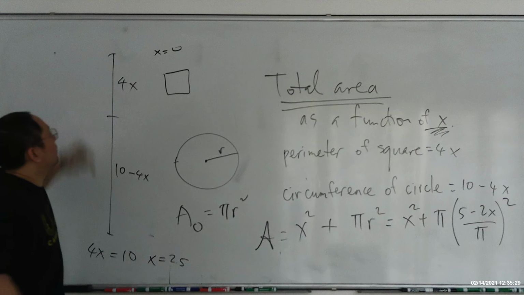I type graph x squared plus pi times parenthesis 5 minus 2x over pi close parenthesis raised to the power of 2, and you hit enter. Then the internet is going to give you a graph. I think I tried it already in Google. You have a graph, and then you can find the maximum or minimum points on the graph, which is going to answer the question. And if you want more accuracy, just simply zoom in, and that's going to give you more decimals.